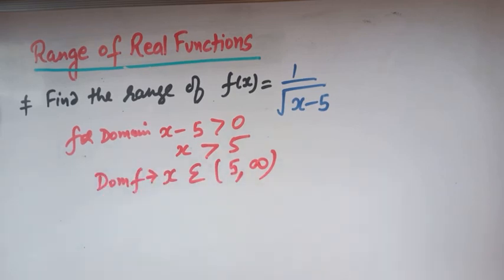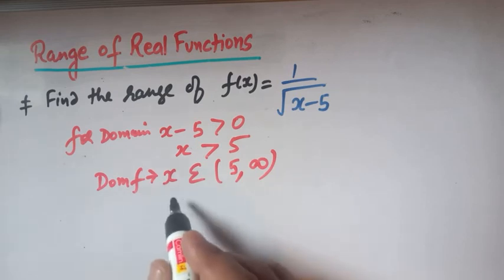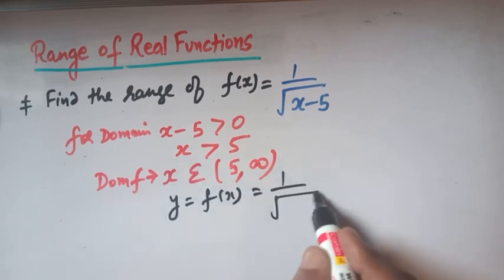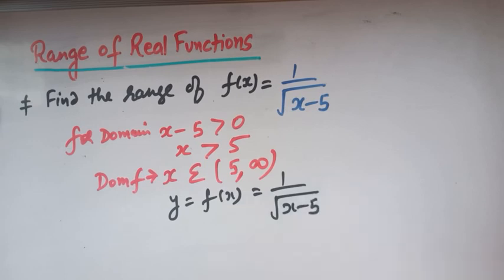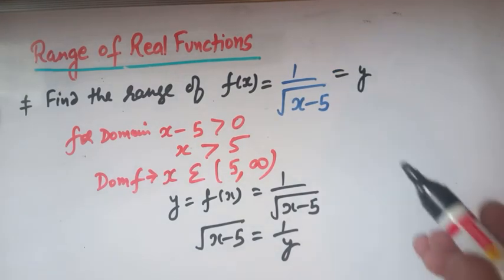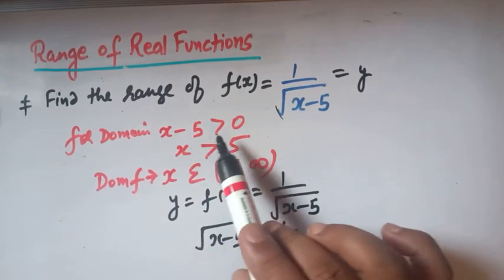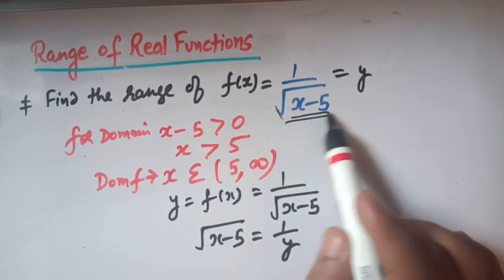Clear? Now to find the range, what we will do? We will assume y is equal to f(x) equal to 1 over square root of (x minus 5). Clear? Now from this equation we can write square root of (x minus 5) is equal to 1 over y. Clear? Obviously from this equation we see that x minus 5 is greater than 0.